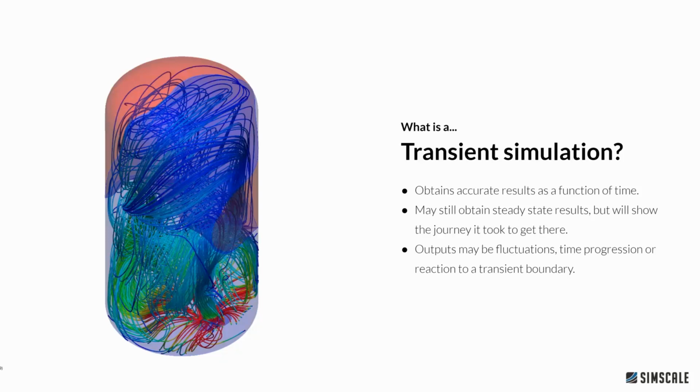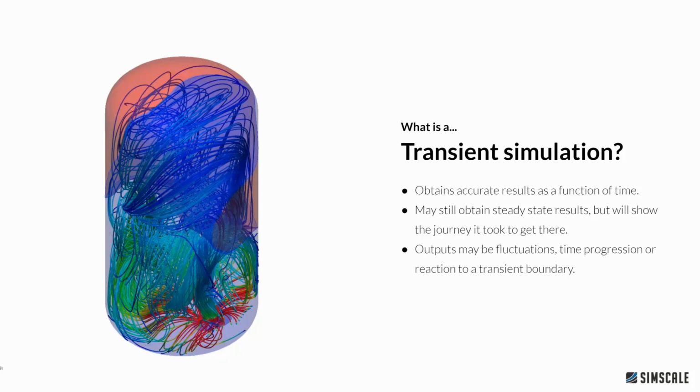You want to know how the air flows around it. You turn the chip on, and how does the air start to flow around that chip and cool down the design? And it's that time-dependent result that you could analyze. Okay, it's going to reach a steady state eventually, but that's not what we're really interested in. What we're interested in is the journey it takes to get there.